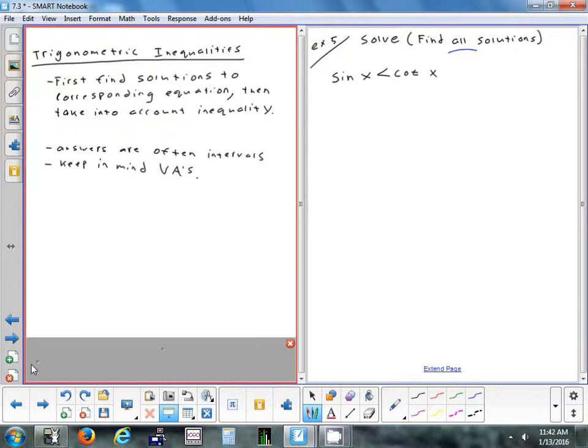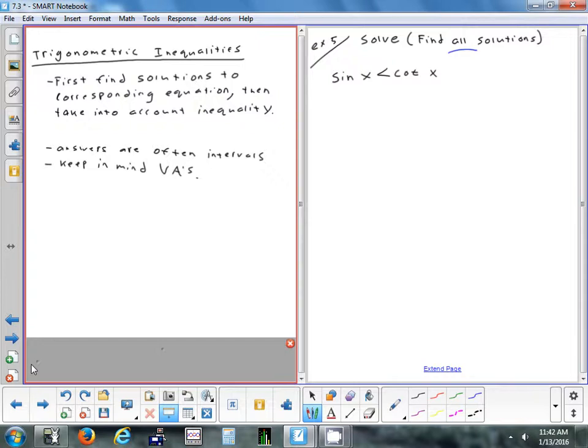All right, so example 5, again, 2 ways we could do it. We could graph sine, graph cotangent, and just see where sine is less than cotangent. Or bring everything to one side and calculate roots. Right, so which way do you want to do it?